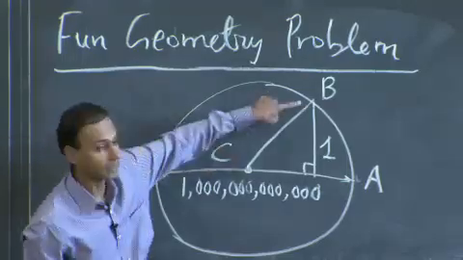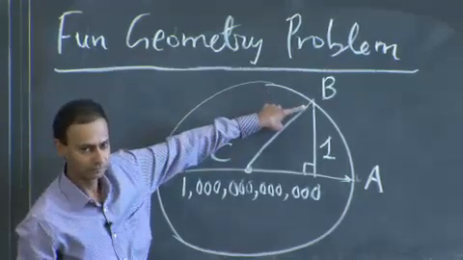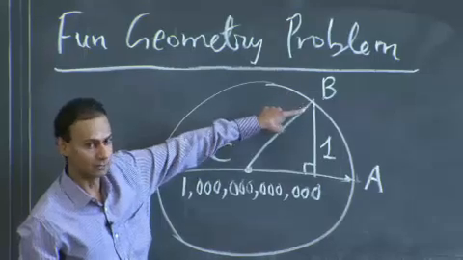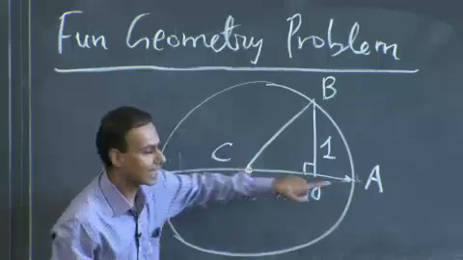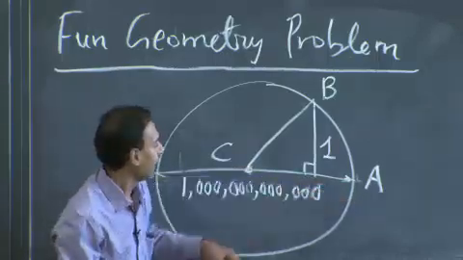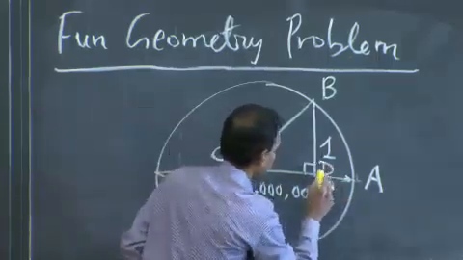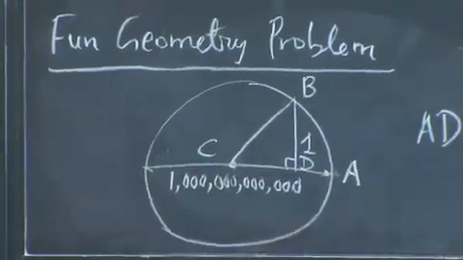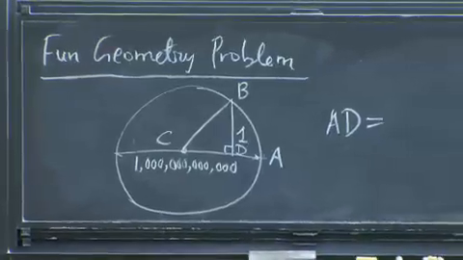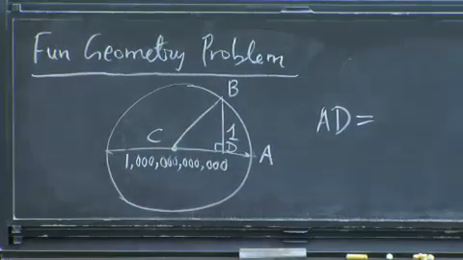So the way that this is structured, this is 1 unit high. Someone tell me what CB is. 500 billion. And obviously CA is 500 billion. And if I call this D, somebody who remembers high school geometry, give me an equation for AD.